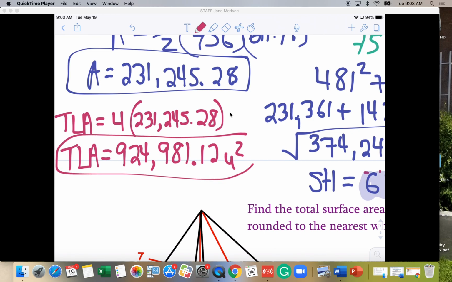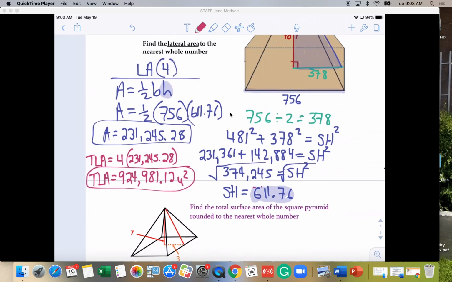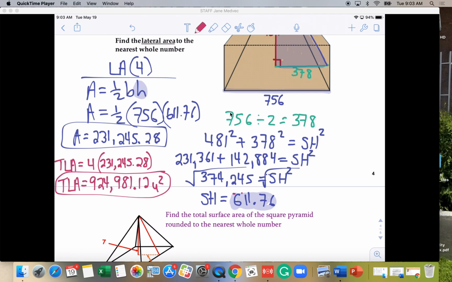The reason this problem is important is they asked you for the lateral area. They didn't ask you for the total area. So keep that in mind when we're doing this.